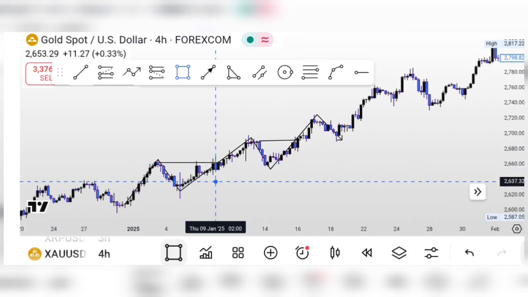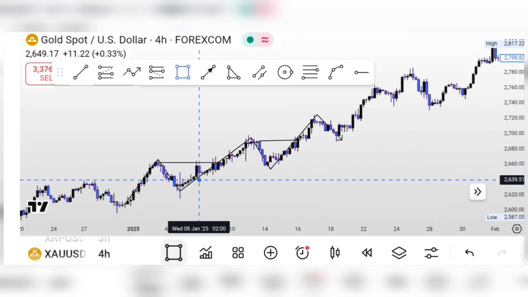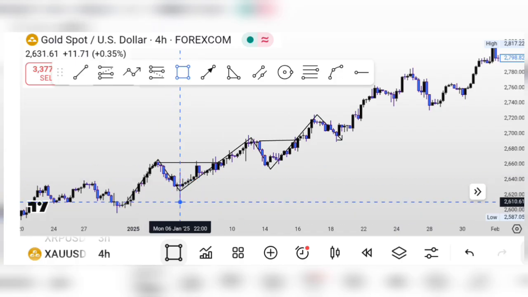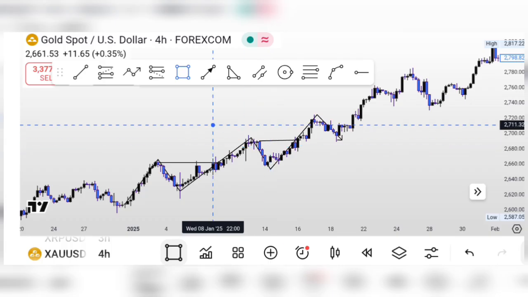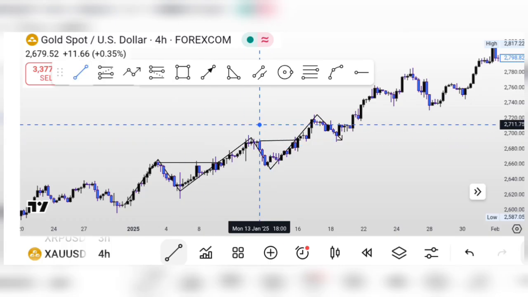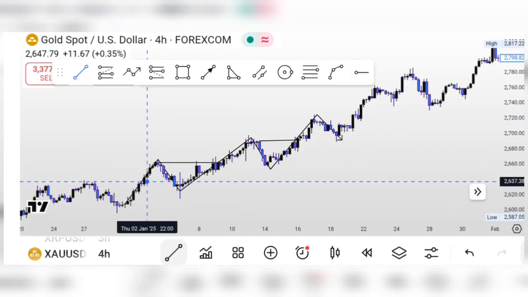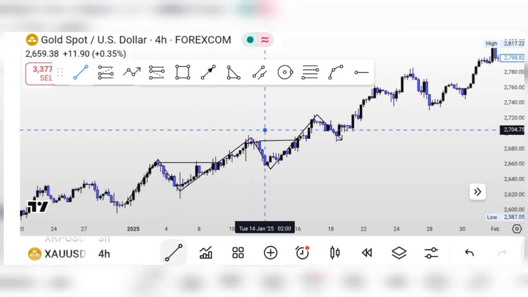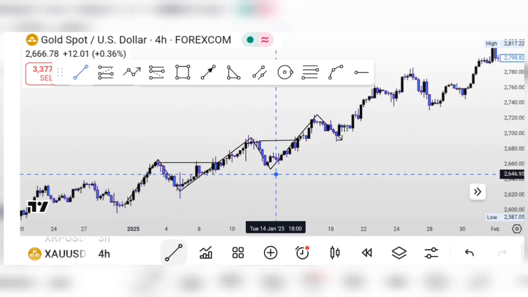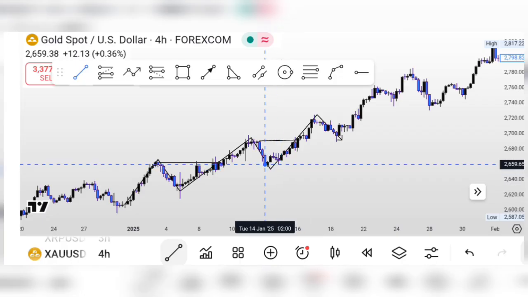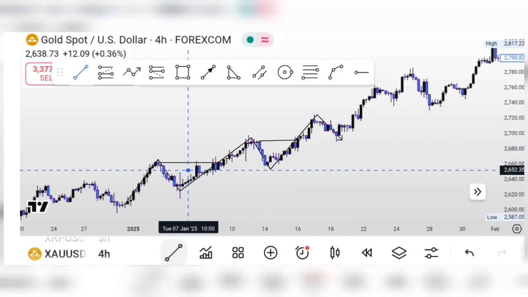After you see a break of structure, the next thing that will come to your mind is that the market is going to sell. Are you getting me? So not that, it's going to have a retest. So after this higher high, higher low, first one, second one, third one, you can even catch entries from this market like this.